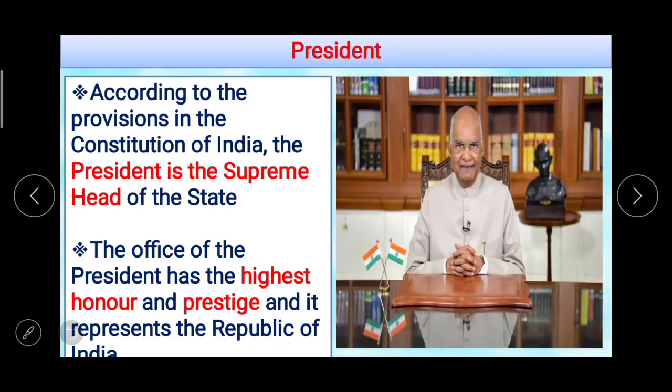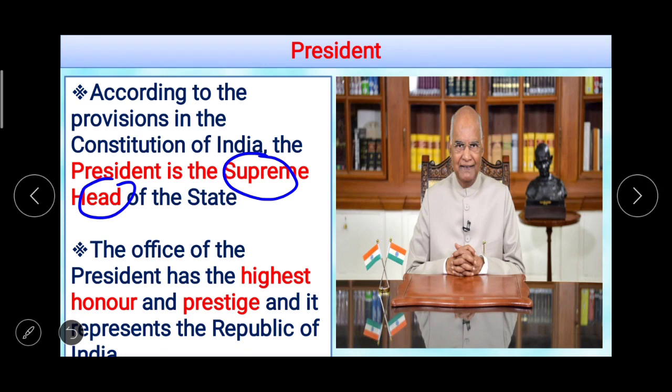So the first thing, President. According to the provisions in the Constitution of India, the President is the supreme head of the state. President is the supreme head. सबसे highest level पे supreme head President होते हैं.